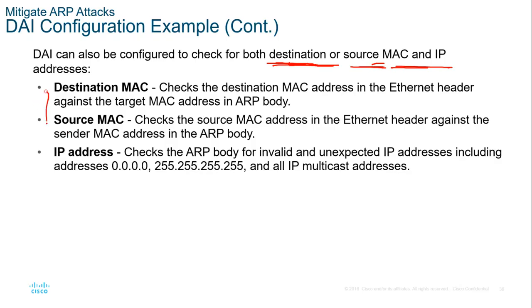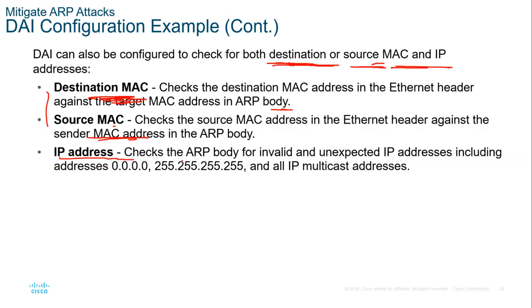As you can see, for destination, it checks the destination MAC address in the Ethernet header against the target address in the ARP body. For source, it checks the source MAC address in the Ethernet header against the sender, together with the IP address.